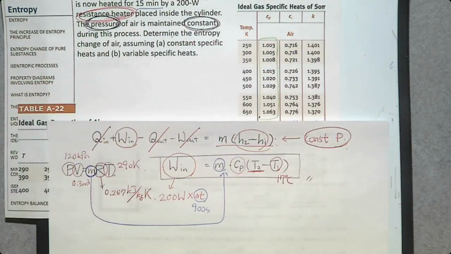Just randomly select one of them and then solve this equation? We can do that, but don't do that. Then what specific value are we going to use? We need to use the average temperature. The specific heat evaluated at its average temperature.